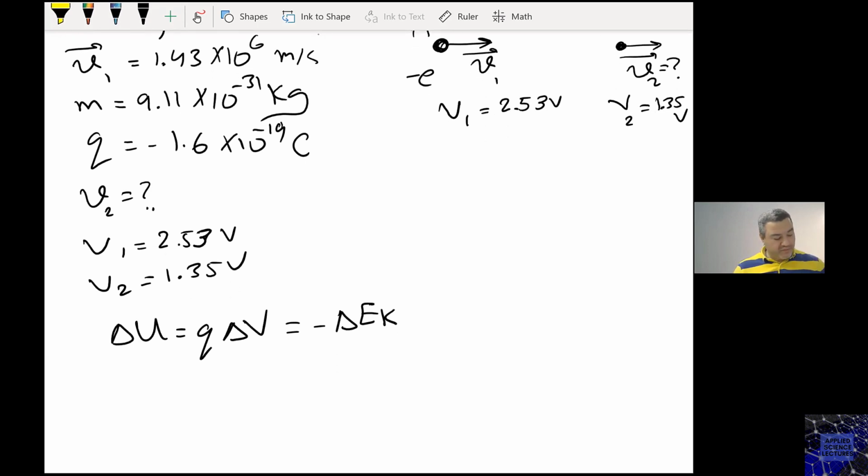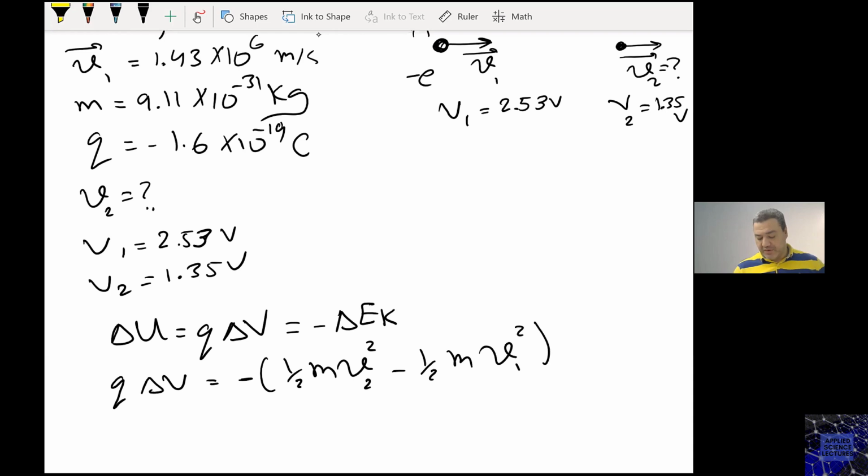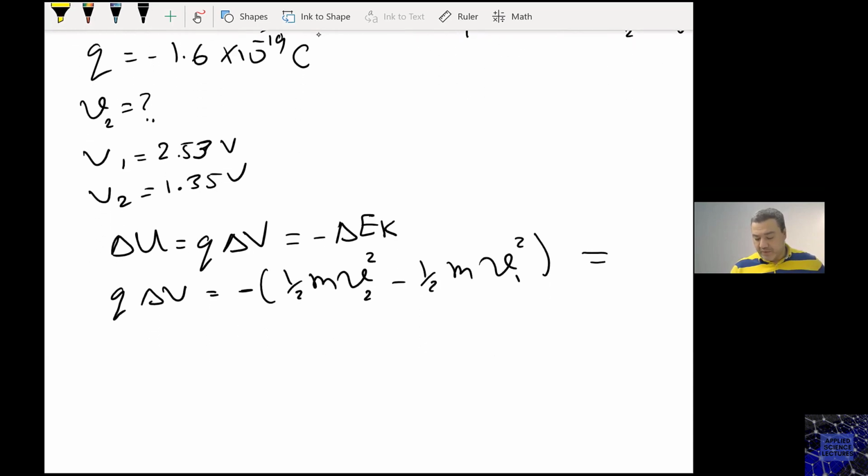So we have Q delta V equals minus half M V2 squared minus half M V1 squared. If we take half M outside, then we have Q delta V equals half M times V2 squared minus V1 squared.